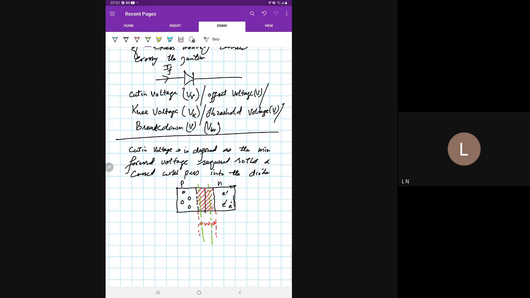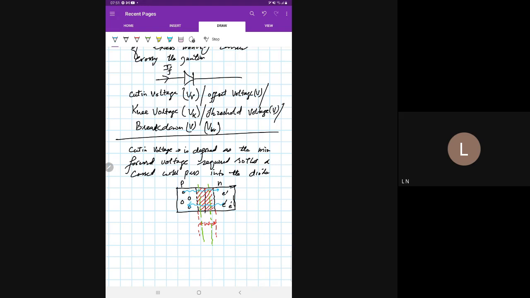So there is a requirement of a voltage, so that it will enable the charge carriers from both the sides to cross this barrier, to cross this depletion region. So the minimum amount of voltage that is required so that the current will pass, so that the holes will pass from P to N and electrons will pass from N to P, the minimum forward voltage that is required for this to happen, is known as cut-in voltage.